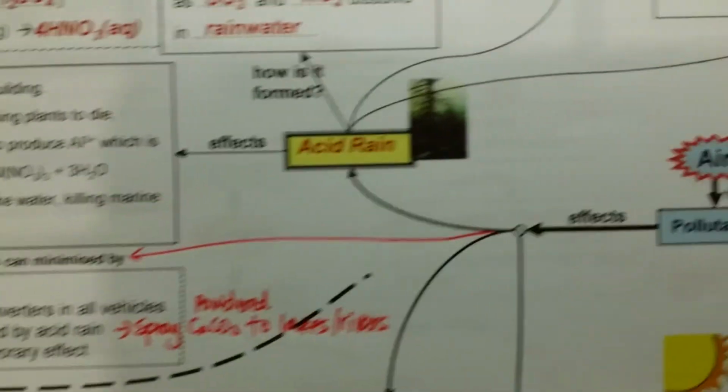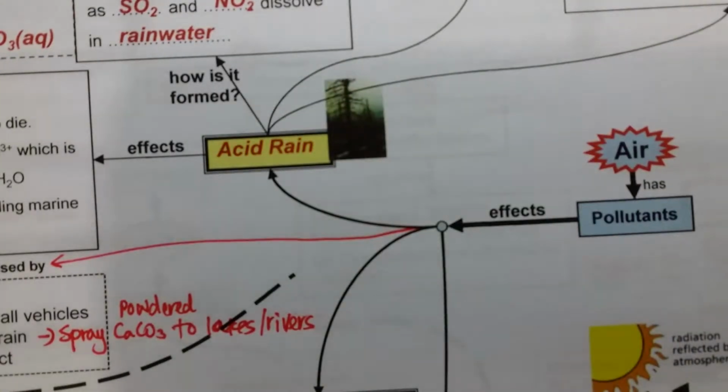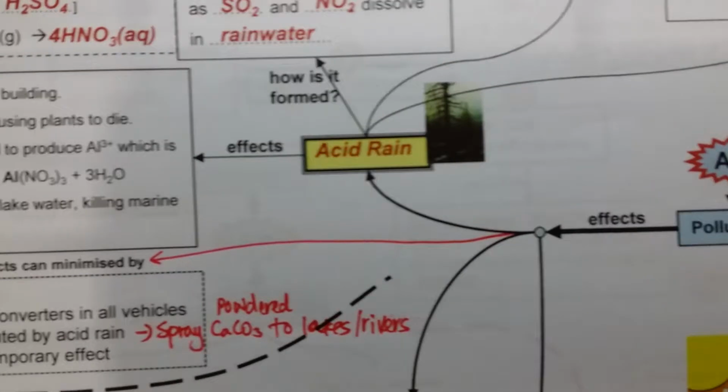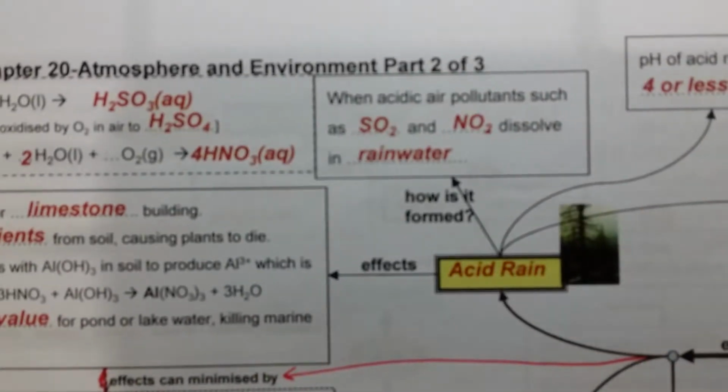So these are the pollutants of air. Now the next part of the mind map concerns the effect of the air pollutant, and the first effect is acid rain. Now, how is acid rain formed?